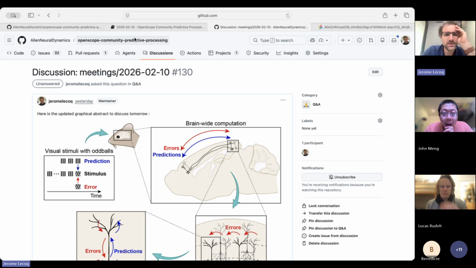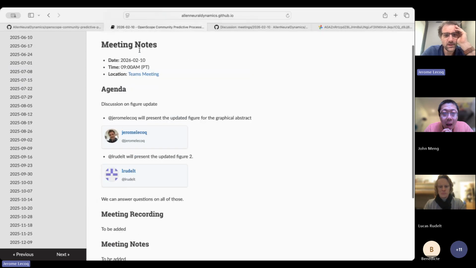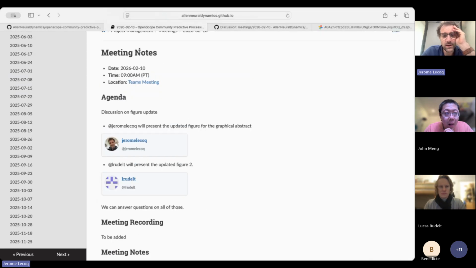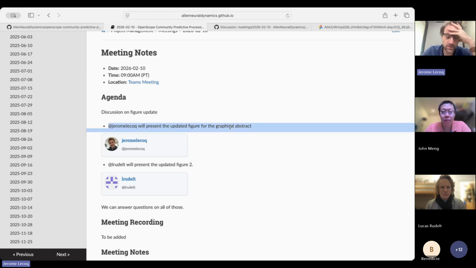So our meeting agenda for today is a discussion on figures. The first one is a graphical abstract that we needed to put together for our submission. Christoph helped work on this with Benedict, and we iterated this figure. So we're at a stage where we are almost ready.